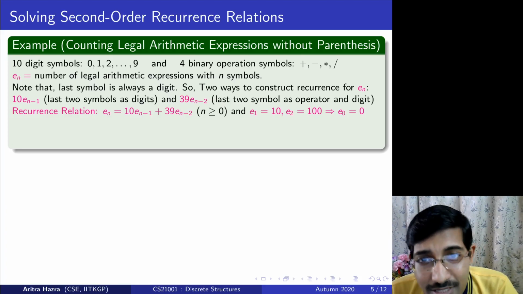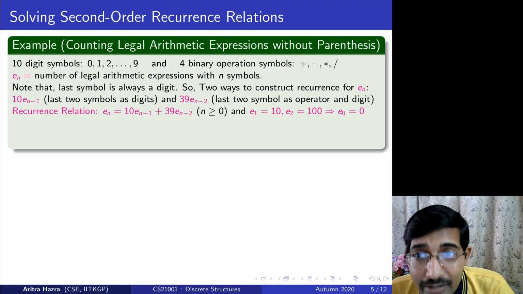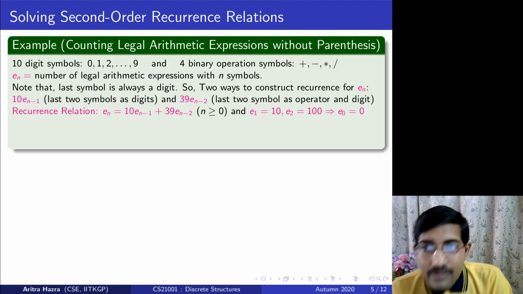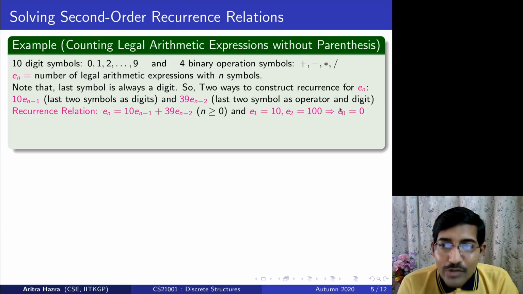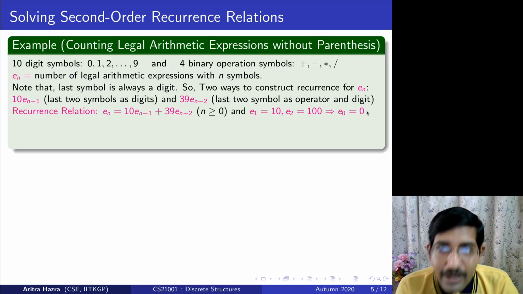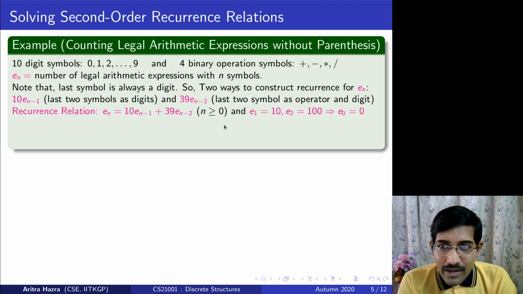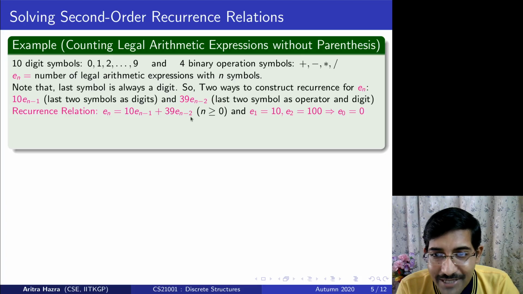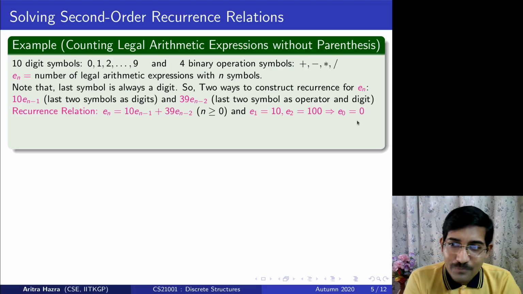From 3 symbols, you have an option to put an operator inside it, but up to 2 symbols there will be only digits. So this will imply my E0, that is with 0 symbols, I have no expression at all. And if you try to see why it happens, you put E2 equal to 100, E1 equal to 10, equal to 10 plus 39 E0, so E0 will come as 0.